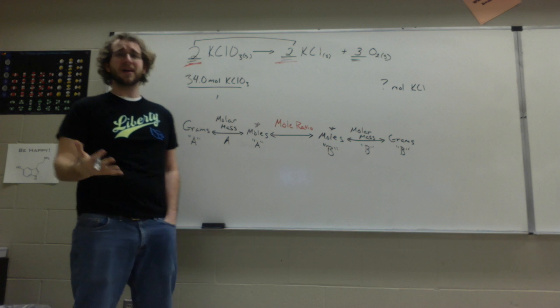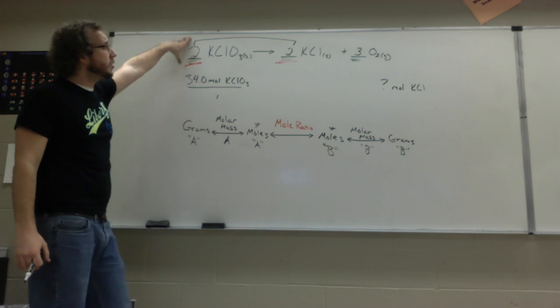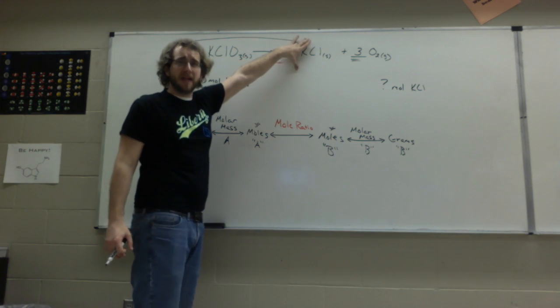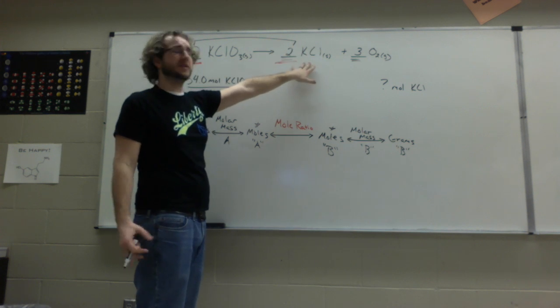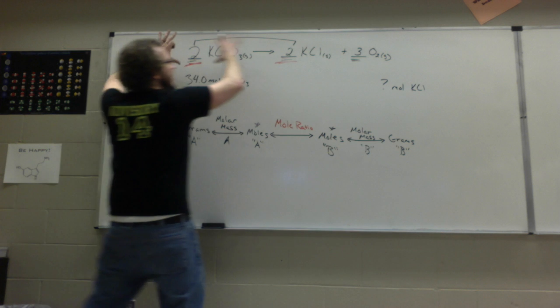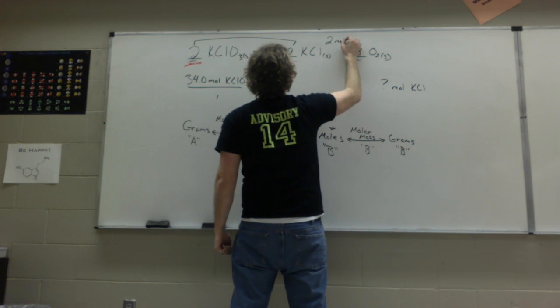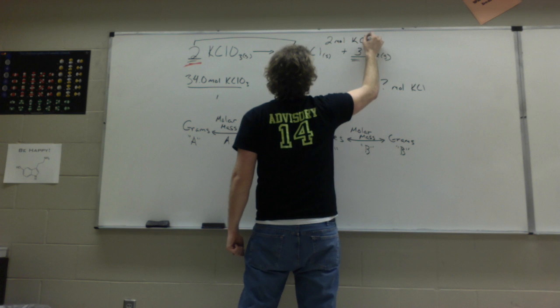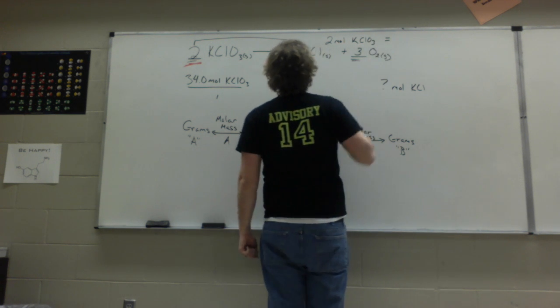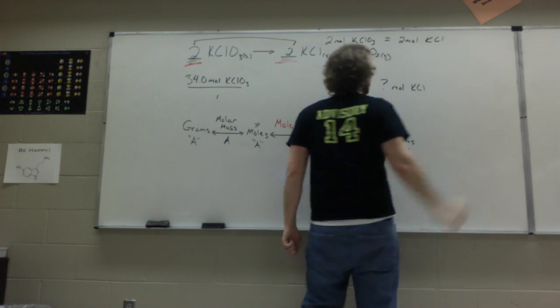That's awesome. Now, we already saw that for every 2 moles of potassium chlorate, we will create 2 moles of potassium chloride. Well, wait a minute. Based on our balanced chemical equation, based upon the law of conservation of mass, you just told me that 2 moles of potassium chlorate will equal 2 moles of potassium chloride.